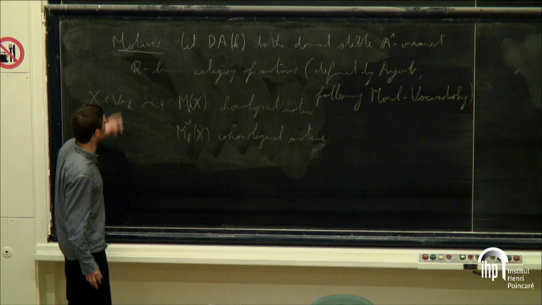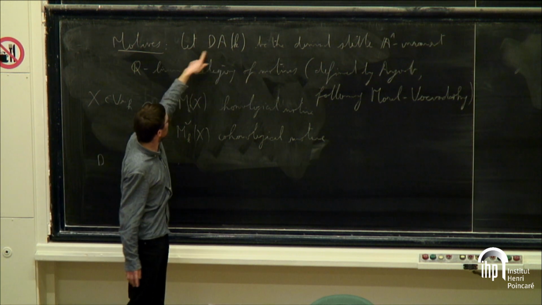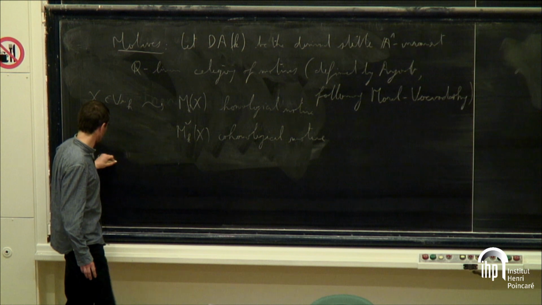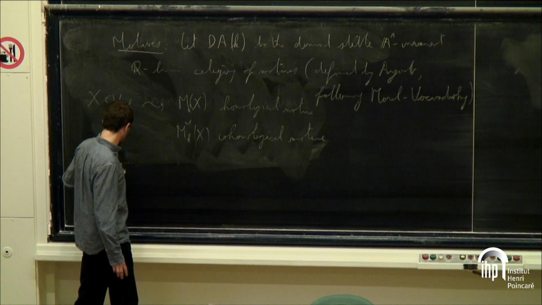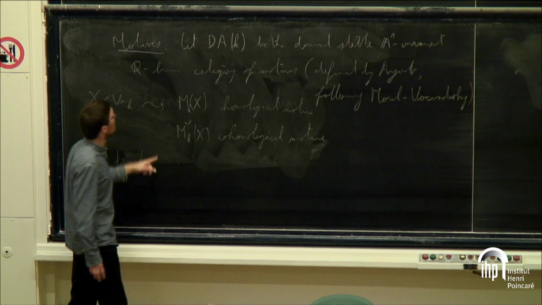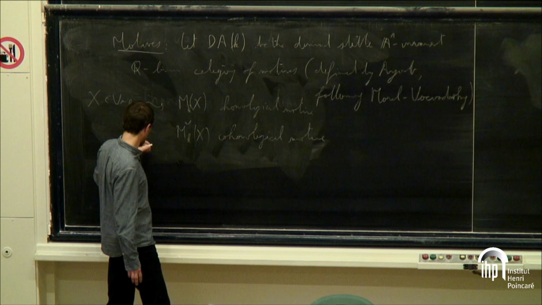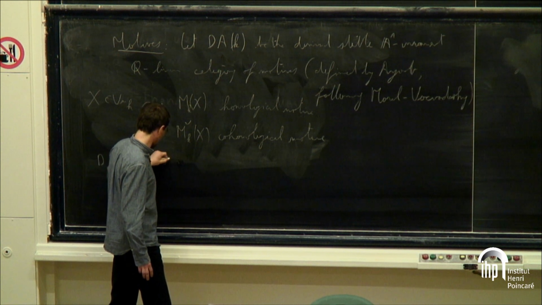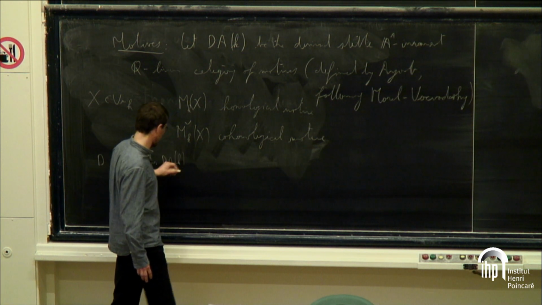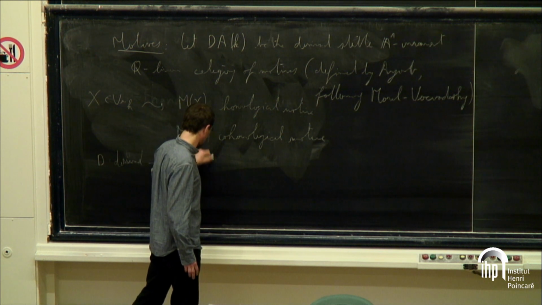And so maybe I can at least explain the notation. D is for derived. It doesn't mean that it is really a derived category, but for me here, it will mean that dA of K is a triangulated category.